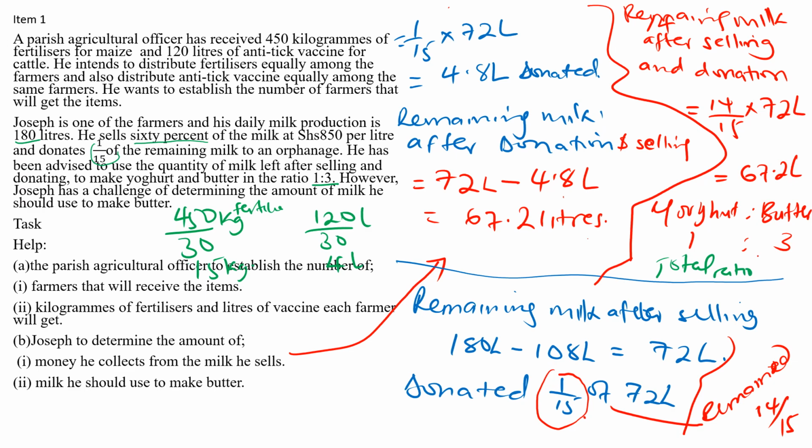Total ratio is equal to 1 plus 3. The answer is equal to 4.